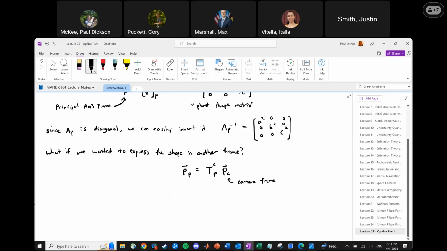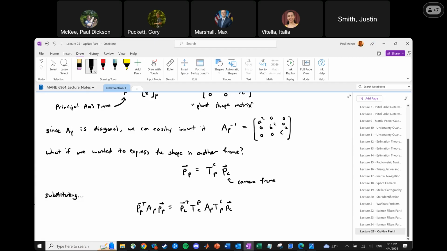If we substitute, then we would say this: P transpose A_P P_P is the same thing as P_C transpose T from P to C, because we're transposing this guy, A_P T from C to P, P_C. So all I did was substitute into this equation.